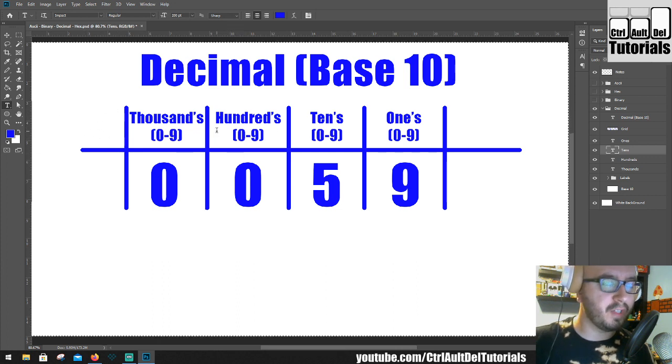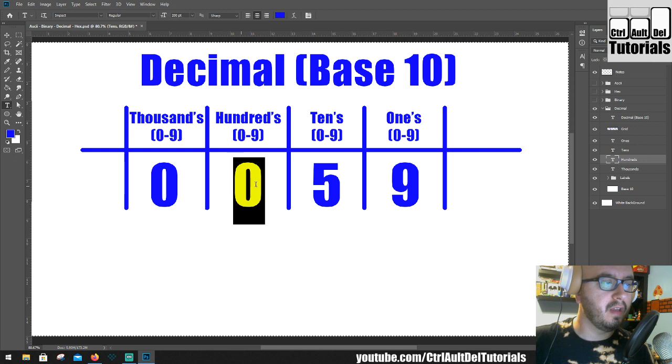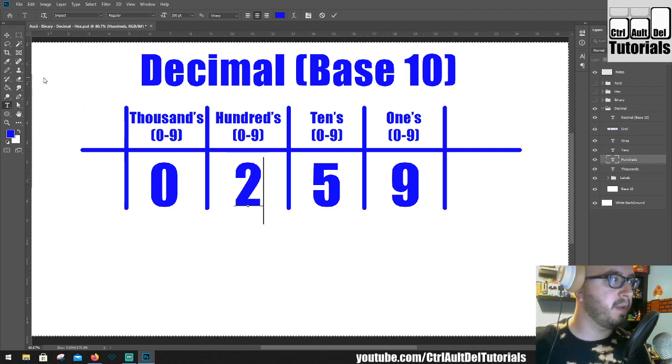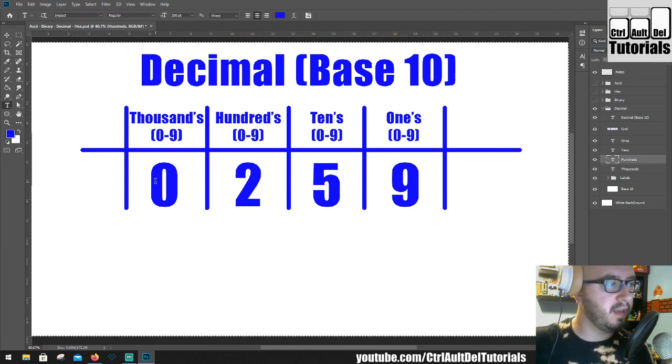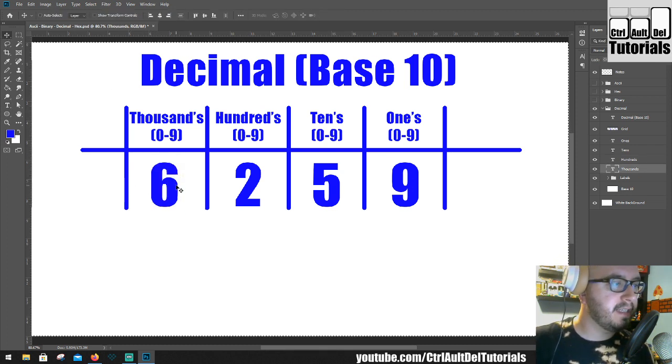It keeps going up. I'm just using these 4 to start with. Okay, if I have a 2 here, now my number is 259. So I have 9 ones, 5 tens, 2 hundreds, and let's throw in a 6 just to keep them honest. 6 thousands, 2 hundreds, 5 tens, and 9 ones.